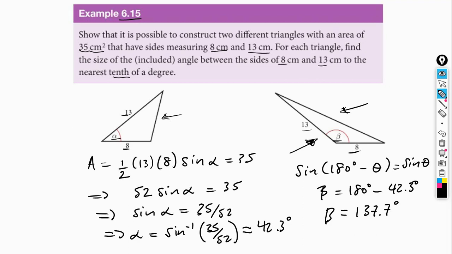Now, because sine of 137.7 is equal to sine of 42.3, we therefore have that there are two different triangles with sides 8 centimeters and 13 centimeters that have an area of 35 centimeters squared. Again, one with the included angle of 42.3 degrees and the other one with an included angle of 137.7 degrees. Notice that your GDC will only give the acute angle value for the inverse sine function.